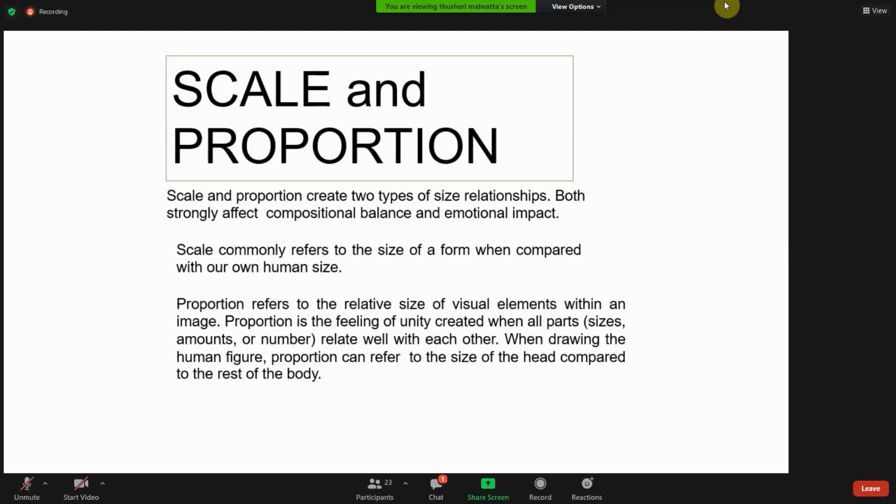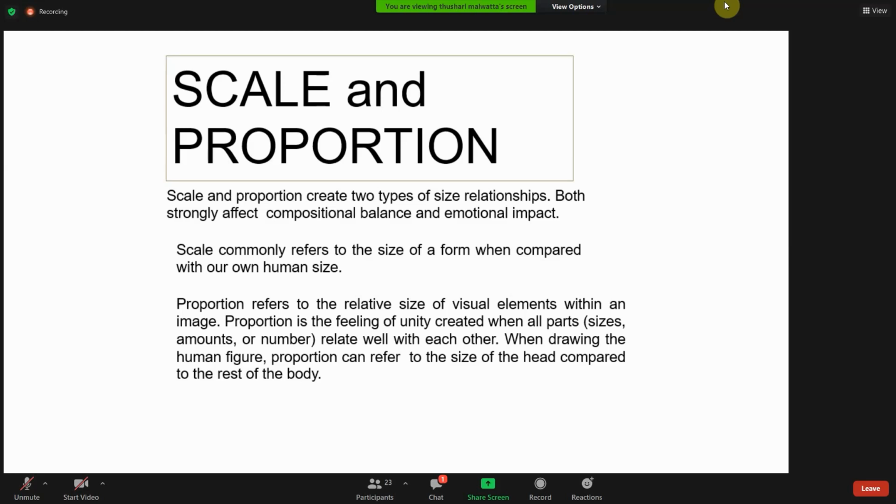Proportion refers to the relative size of visual elements within an image. Proportion is the feeling of unity created when all parts relate well with each other.